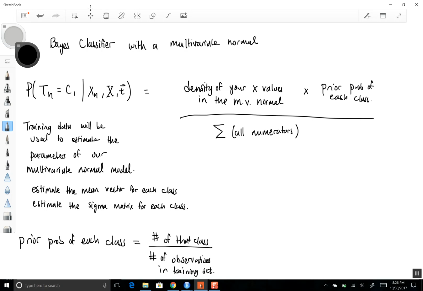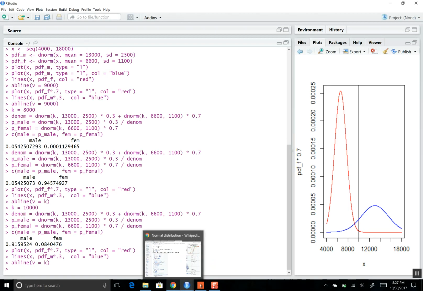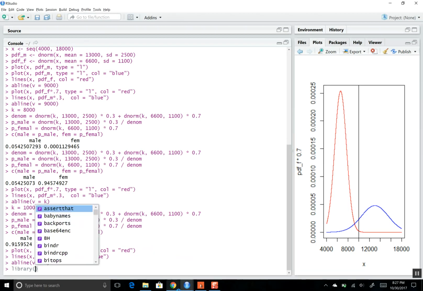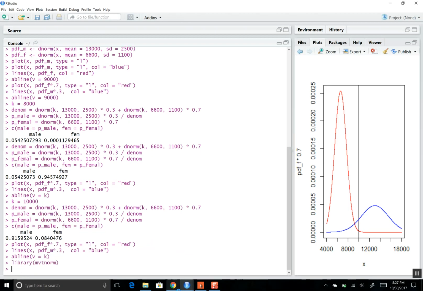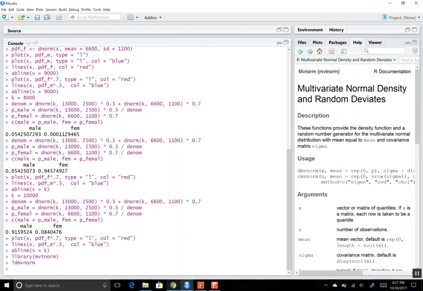Okay. We have in R, what's the function? Is it mvtnorm? I'm sorry. I think we load library mvtnorm. Yep, that's the one we want. And is it dmvnorm? Yes.